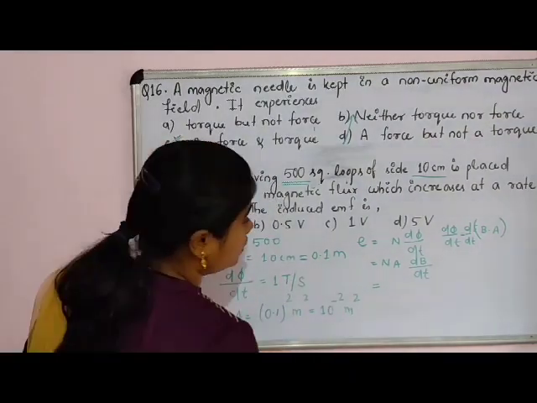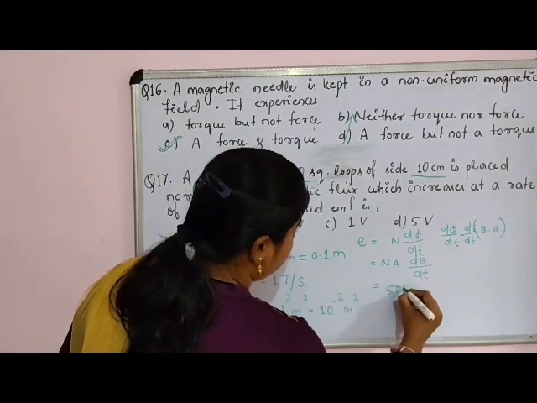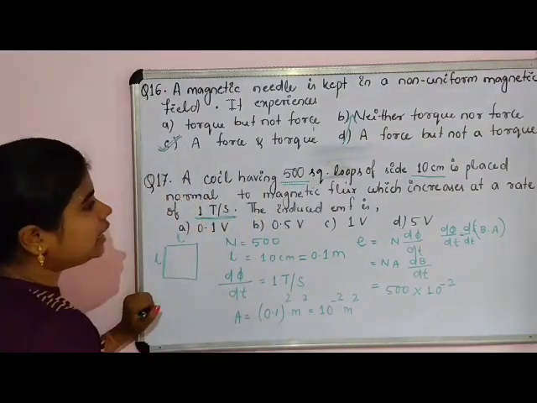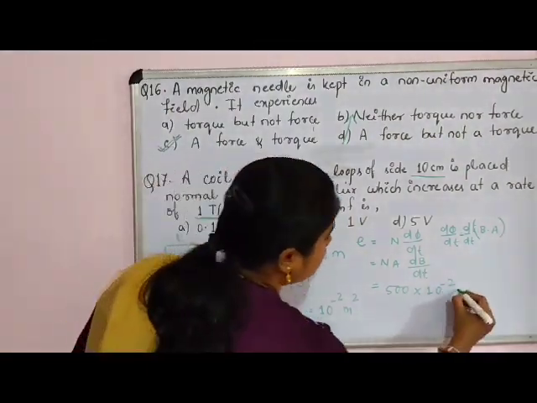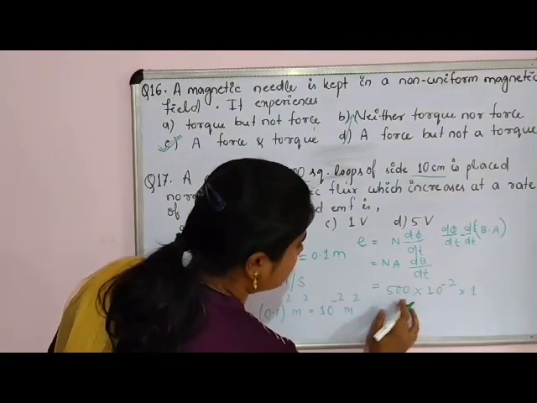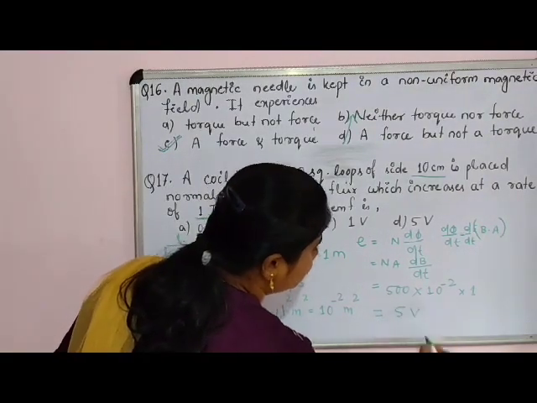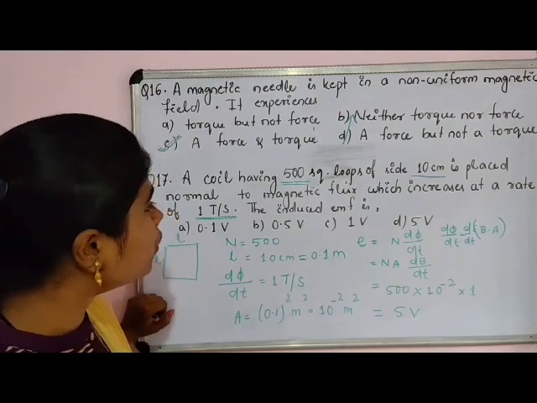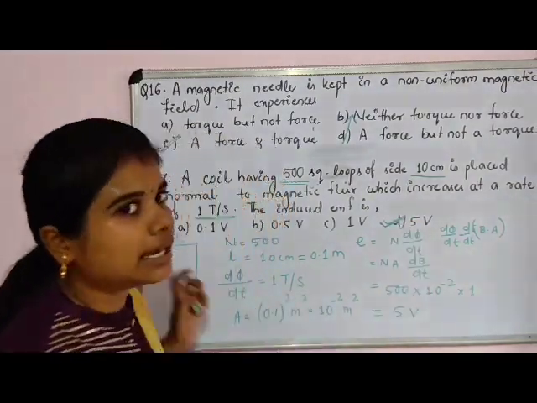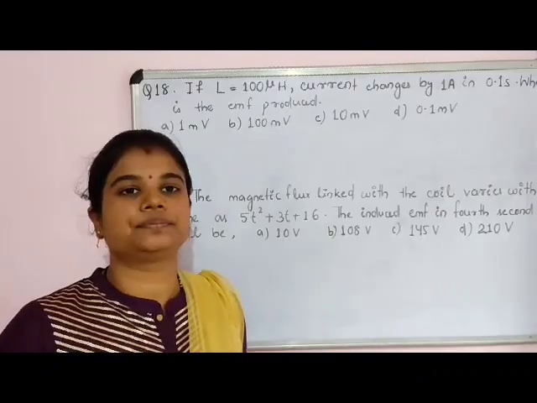So now see, the number of turns is 500, area is 10 to the power minus 2, and the rate of change of magnetic flux is equal to 1. So now this is coming as 5 volt. So here you can see option D is the correct answer for this question.